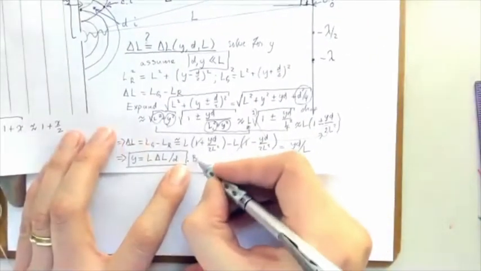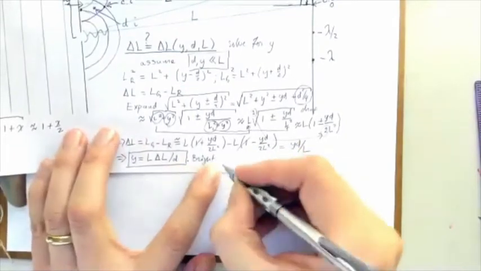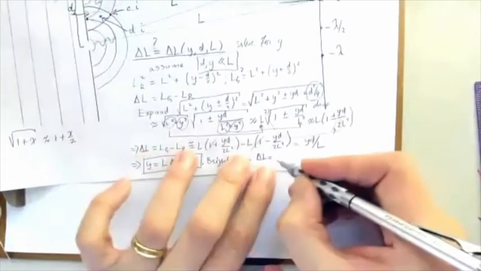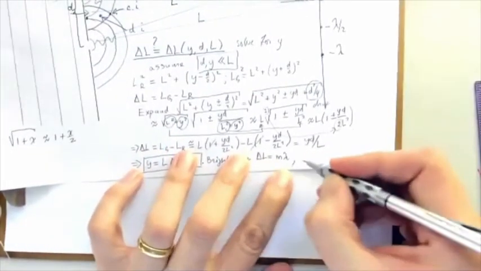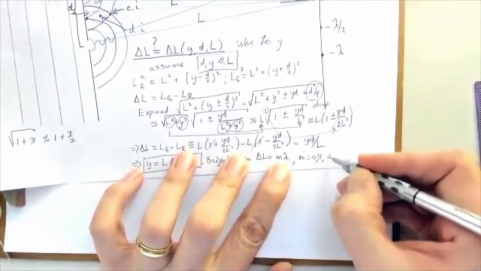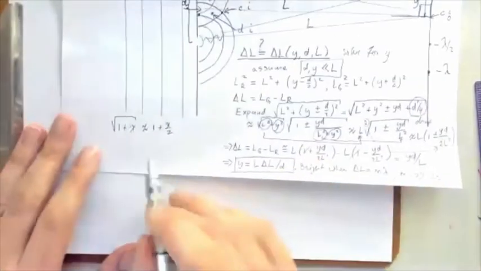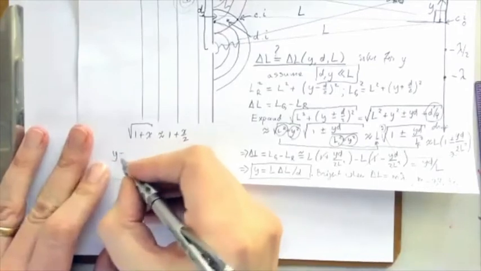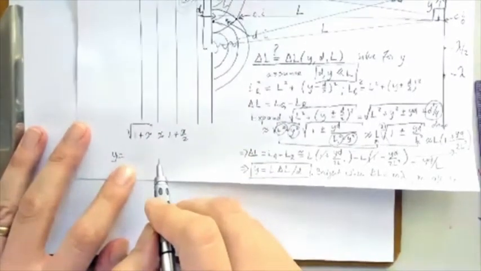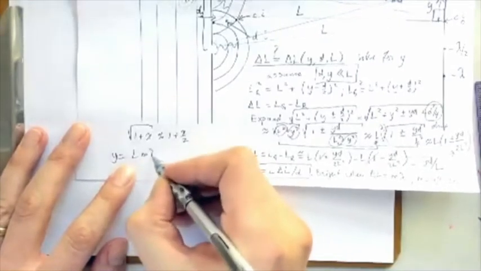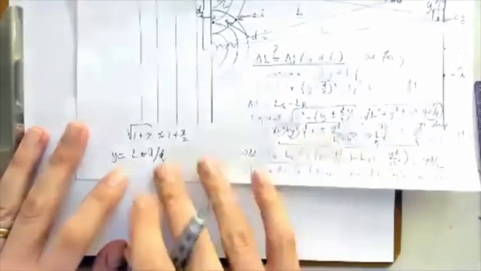So we get bright spots when delta L is m times lambda, where m is 0, plus minus 1, plus minus 2, etc. Okay, so therefore we get bright spots where y is L m lambda over d.